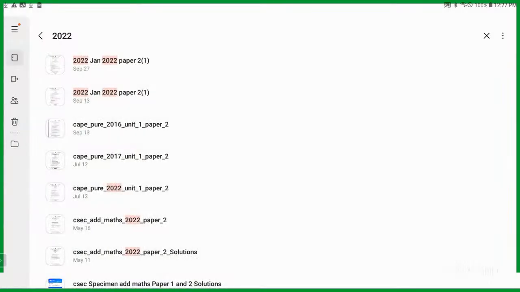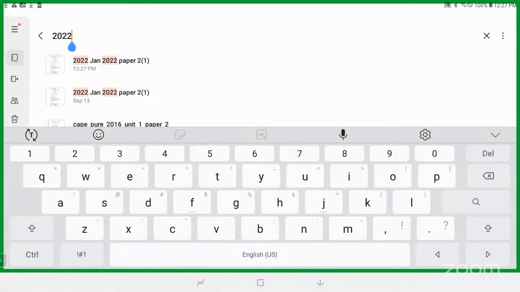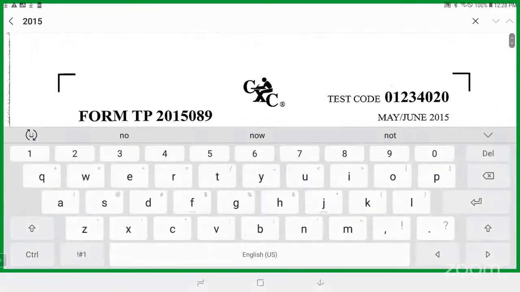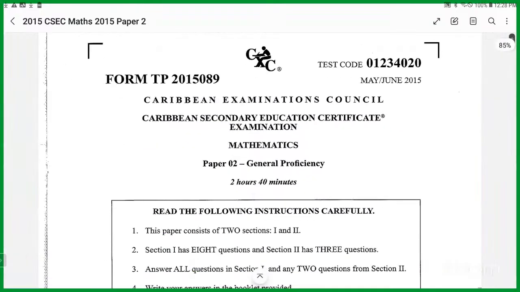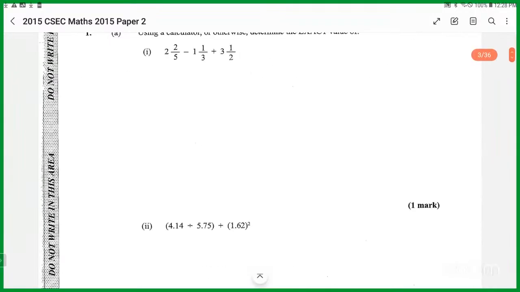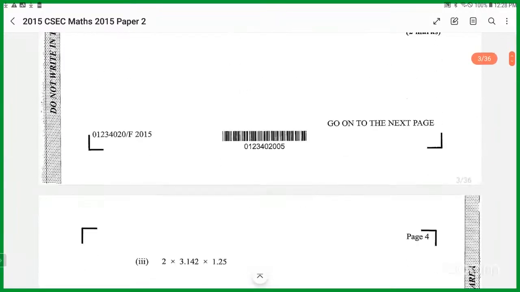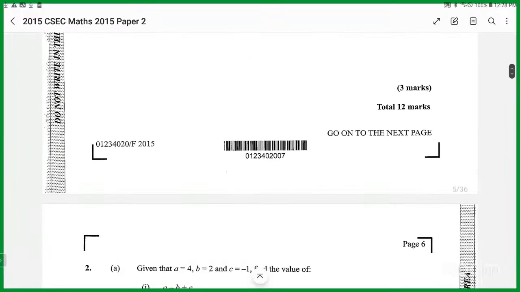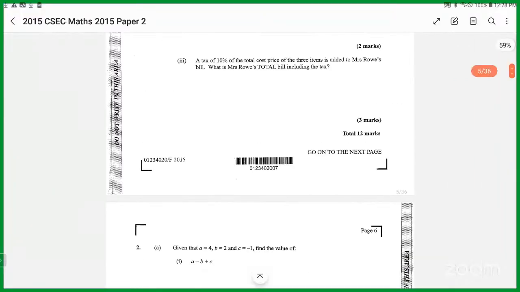It's the June 2015 paper I gave you. I think this is it. Alright. What question is it? This is number 4 again. Notice so far, guys, it has been number 4, but sometimes you can get functions in section 2 too, and it's possible. But most times it is in section 1.